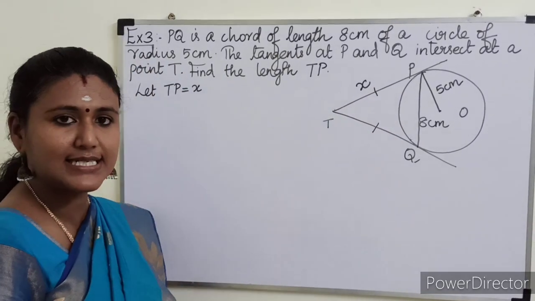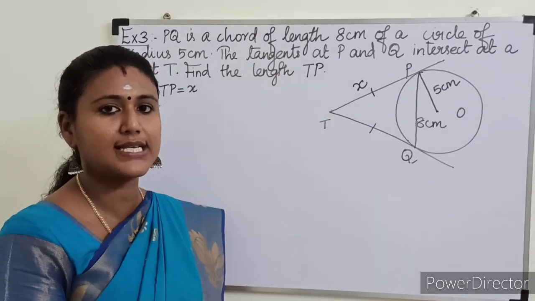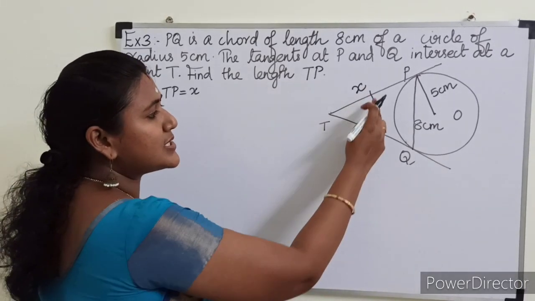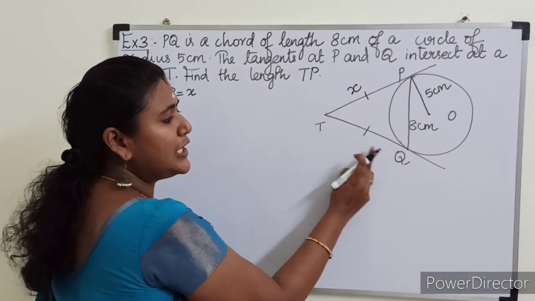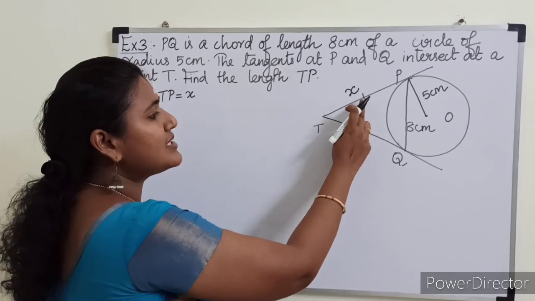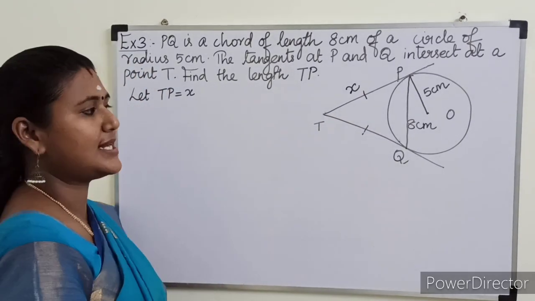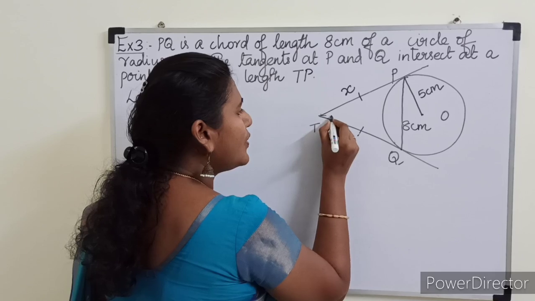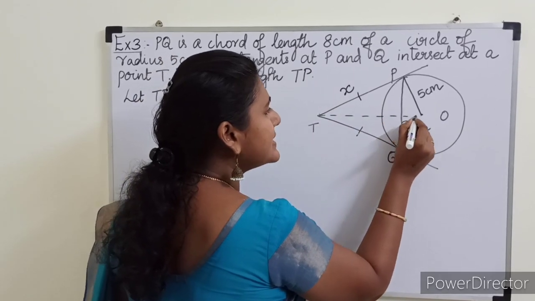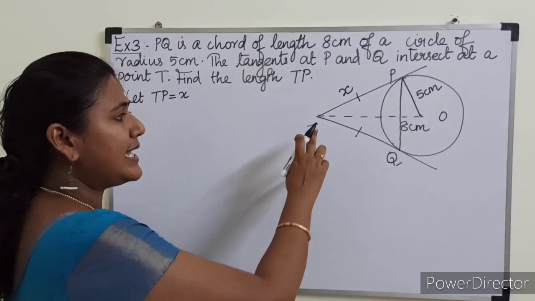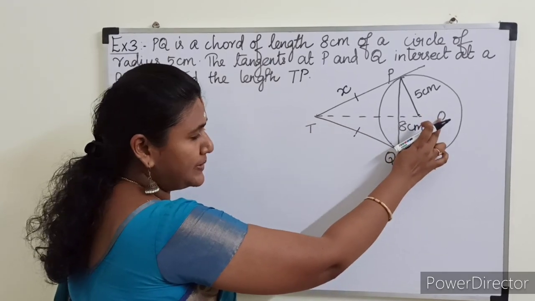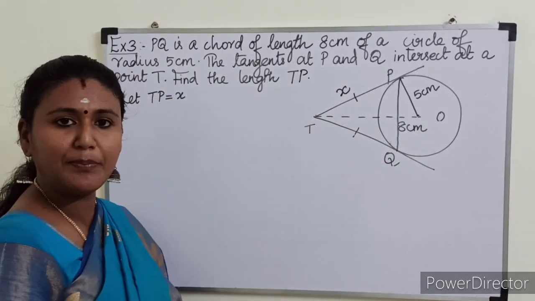Now, since triangle PTQ is an isosceles triangle, because you know that the lengths of the tangents from an external point are equal, TP and TQ are equal. If you join the points T and O, then the line OT bisects the chord PQ.